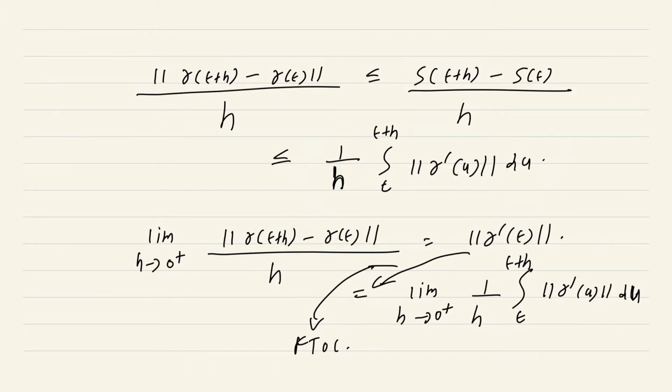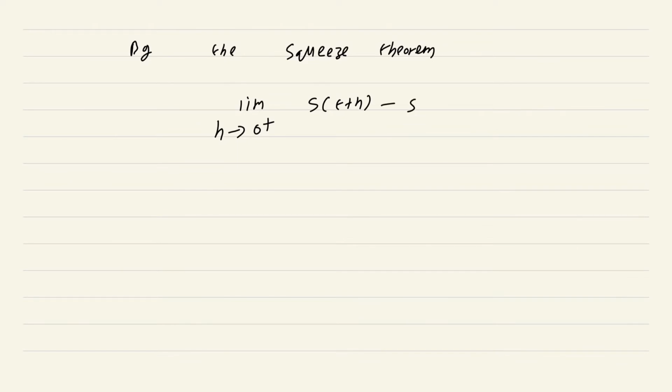So the net upshot is, by the squeeze theorem, or sandwich theorem, whichever you prefer, limit h going to 0 plus of s of t plus h minus s of t by h is nothing but norm gamma prime of t. This is just the squeeze theorem.